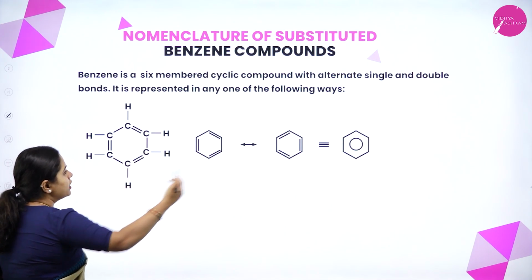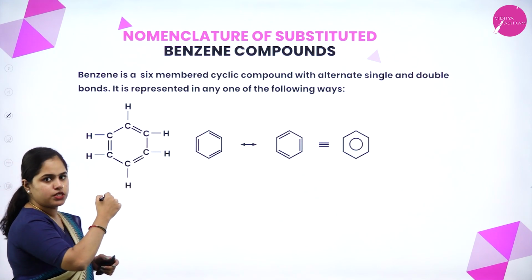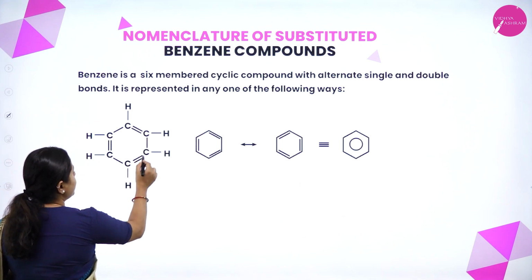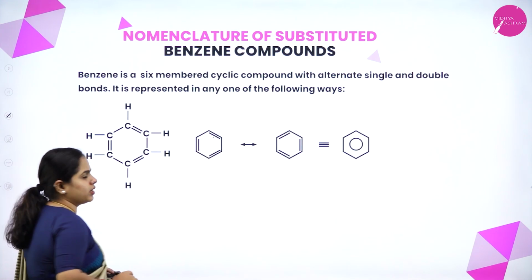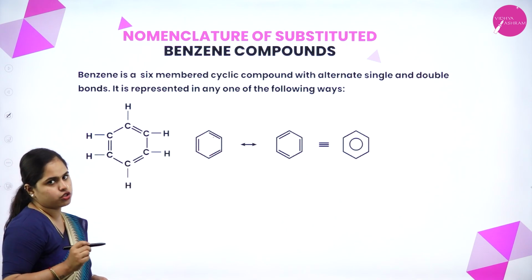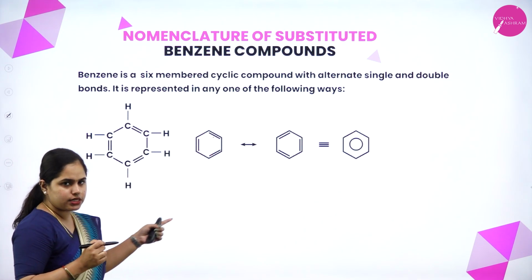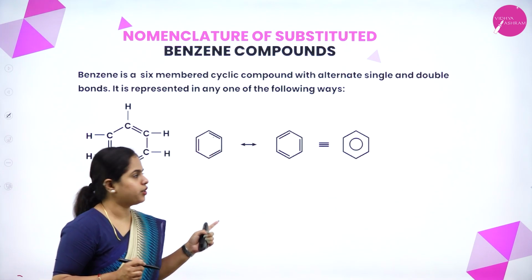As you can see, all this representation is for benzene itself. There are 6 carbon atoms. Yes, and you can find alternate double bonds as well, right? Alternatively, you can see the double bonds present and there are 6 hydrogen atoms also around it.